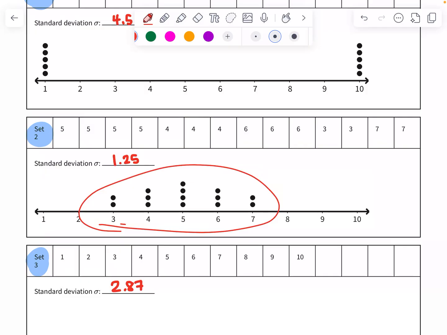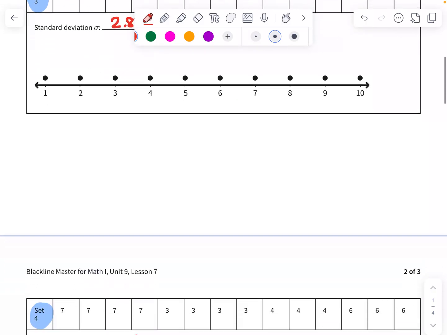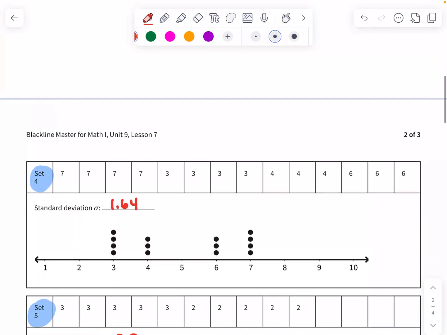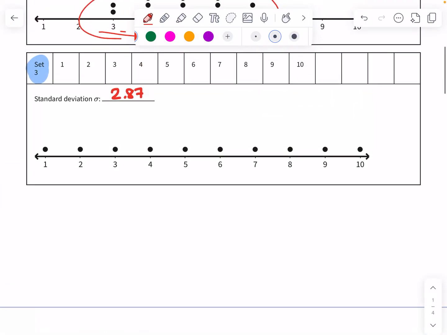Okay, so that has more spread than number 2. Okay, that's even more spread out. Okay, the next one is number 3. That is quite spread out. It's covering like the whole number line, but there's a data point on every number. Okay, the next one was 5.